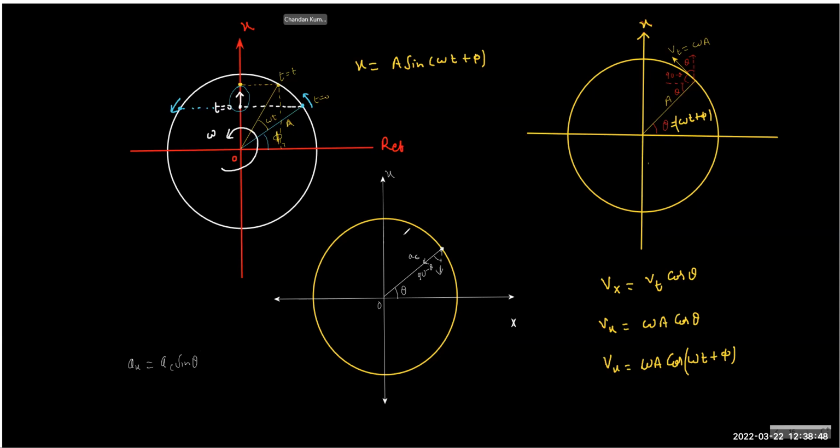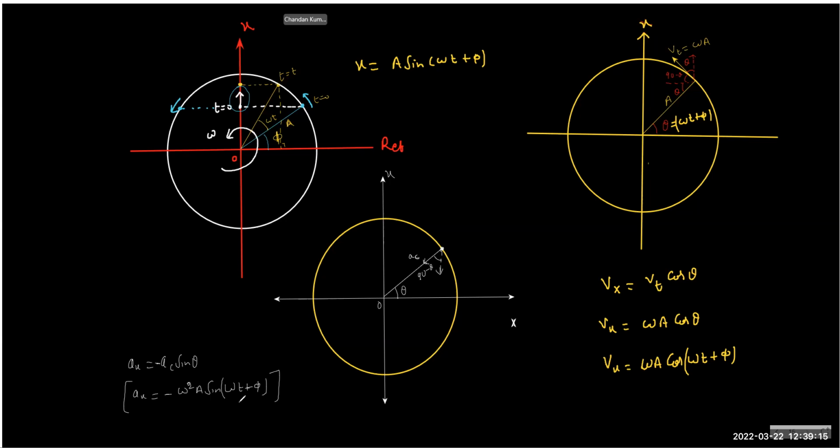So it is not parallel to the x-axis; it's anti-parallel, so minus. And what is the acceleration in case of circular motion? Omega square r, and theta is omega t plus phi. So you can see we can derive all formulas from the circle by taking the projection or component of velocity and acceleration. Is this clear?